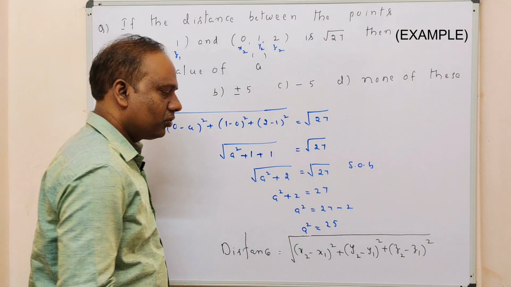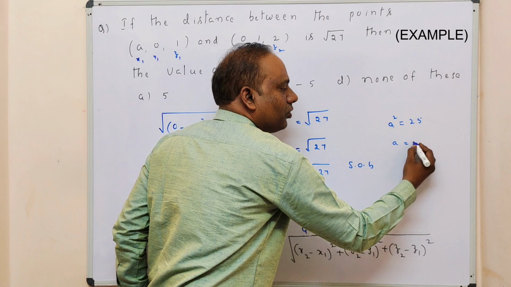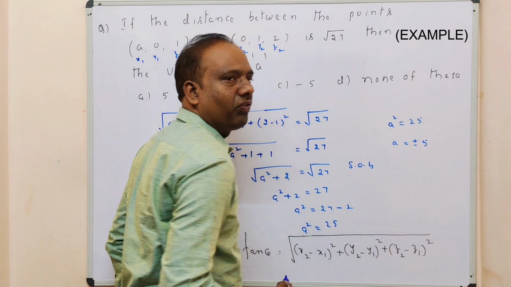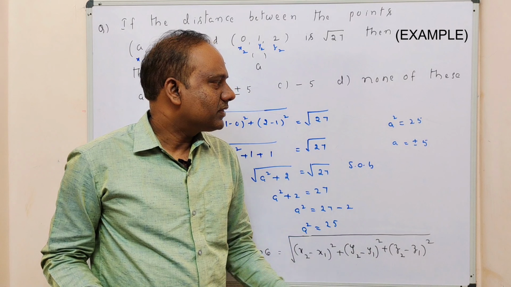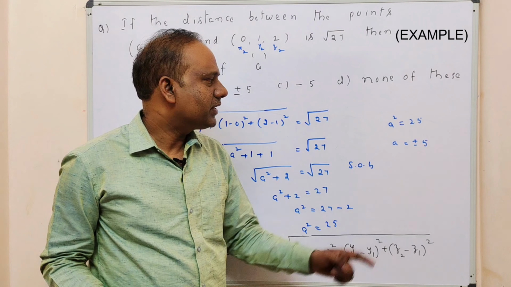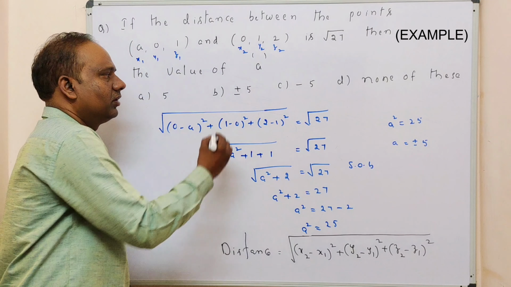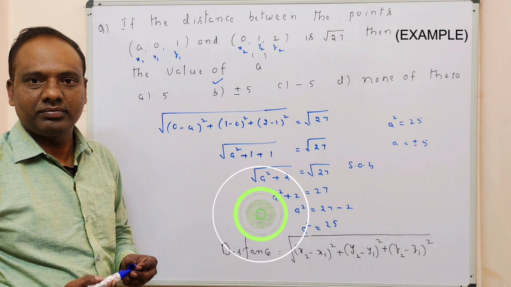A square is equal to 25. So a is equal to what? Plus or minus 5. A square is equal to 25, so a is equal to plus or minus 5. That means root 25 is 5. That's why plus or minus 5. So here option B is the correct answer.